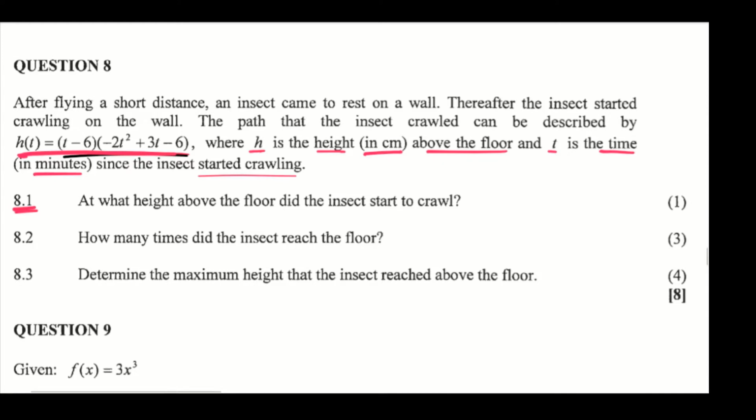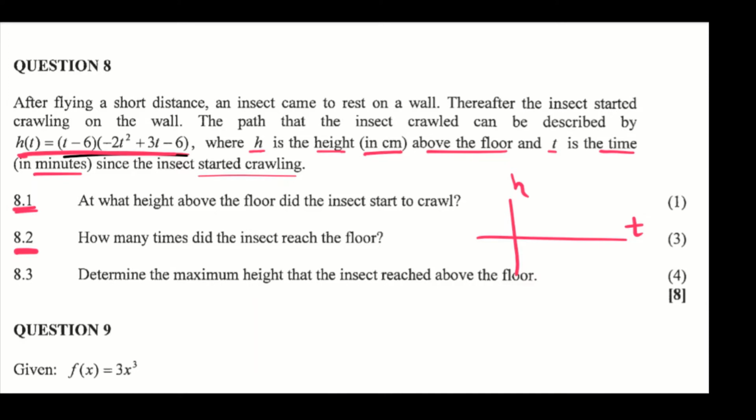Now let's do 8.2. How many times did the insect reach the floor? If we don't picture how we've been calculating things over the years, then we won't be able to answer this question. Picture the floor as a Cartesian plane again. This is h, this is t.